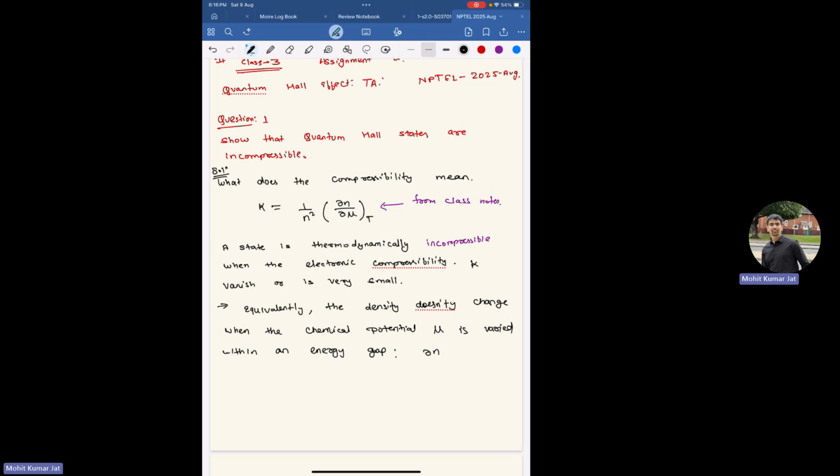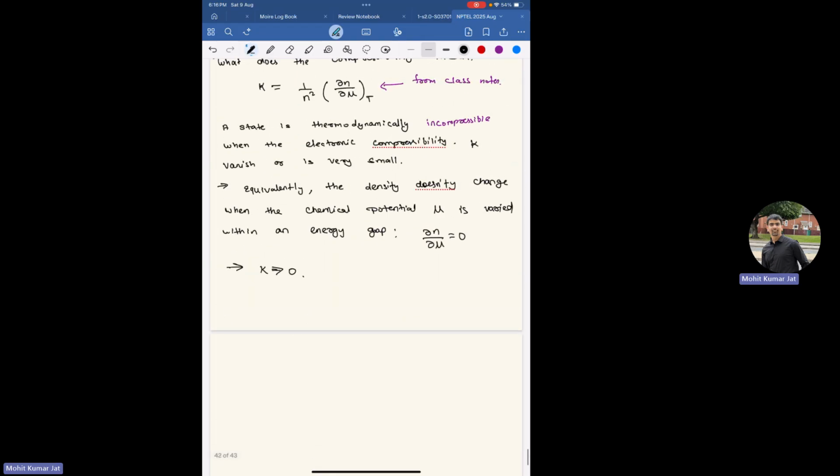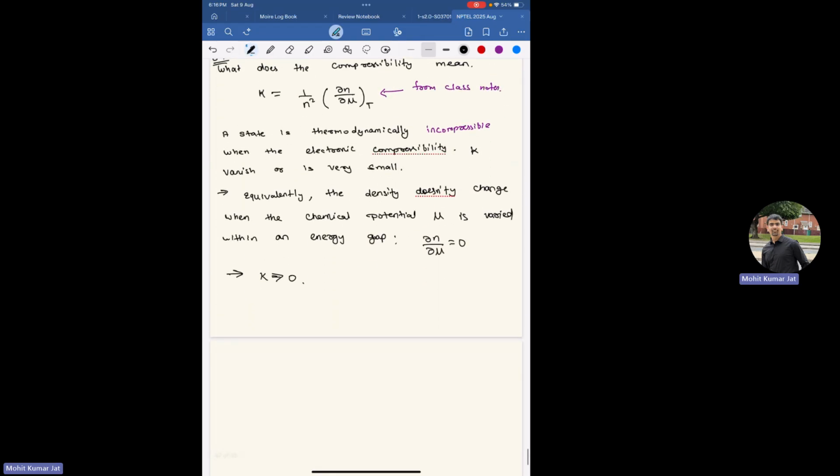That is essentially del n by del mu equal to 0. This implies kappa is equal to 0. Now we'll see what the profile of del n by del mu is in the case of the quantum Hall system. If it is 0, then we'll say that kappa is essentially 0.